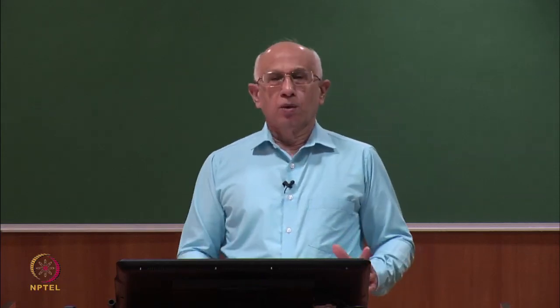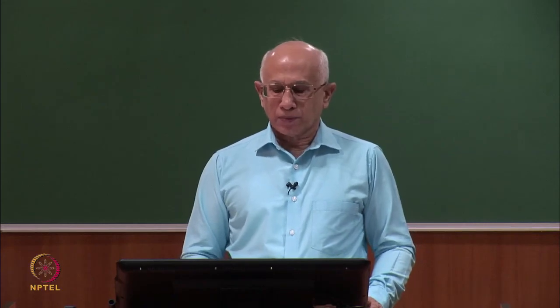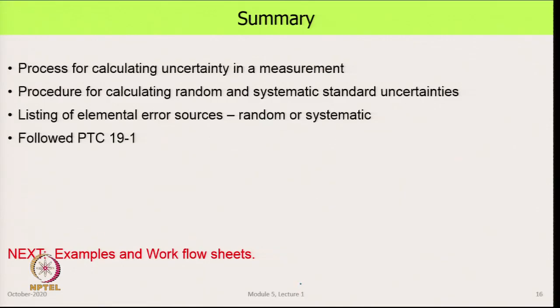So, we have done what we set out to do, and we conclude the lecture with a summary that we have looked at the process of calculating uncertainty in a measurement. We said that there are two steps to it. First, we calculate the random standard uncertainty and separately the systematic standard uncertainty.